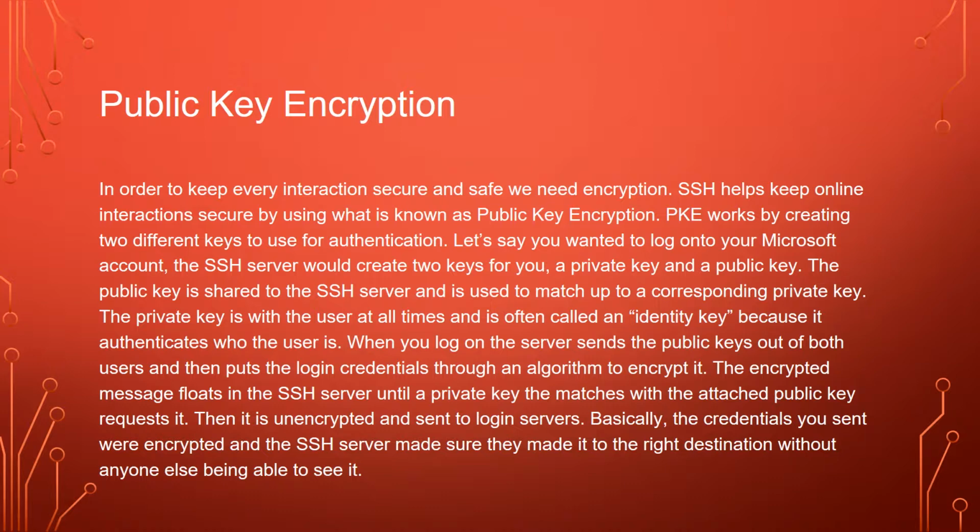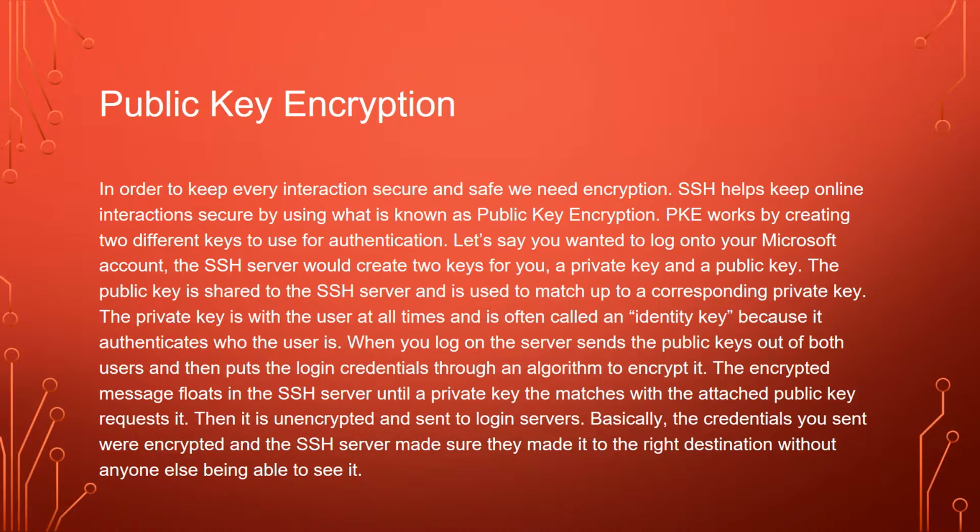So the next thing we're going to go over is public key encryption. Now, this is really one of the main things that makes SSH really good. In order to keep every interaction secure and safe, we need, what else but encryption. SSH helps keep online interactions secure by using what is known as public key encryption. PKE, for short, works by creating two different keys to use for authentication.